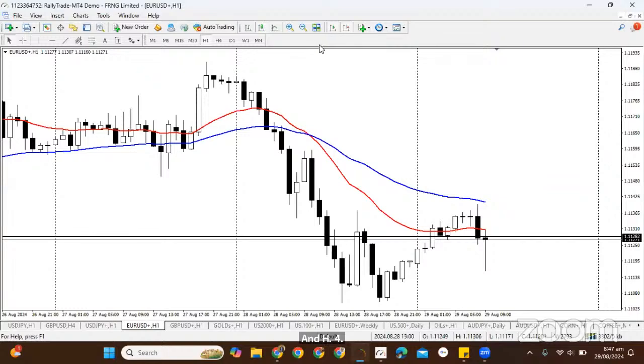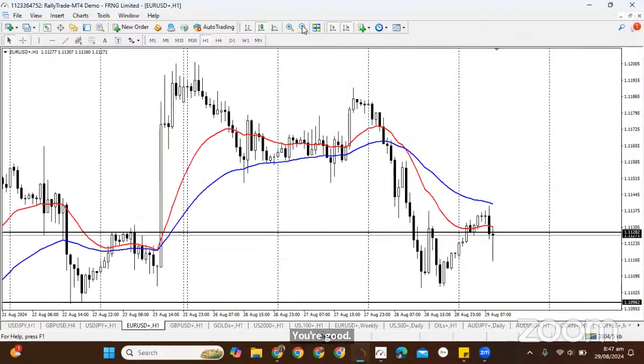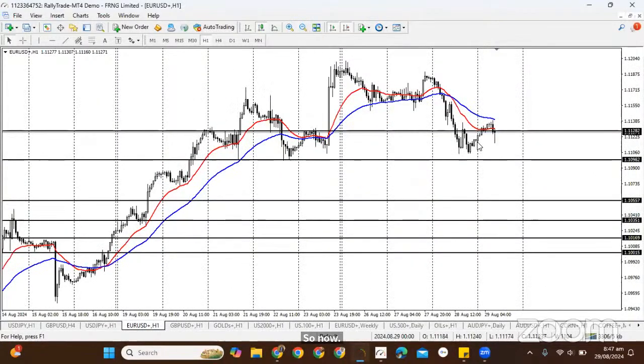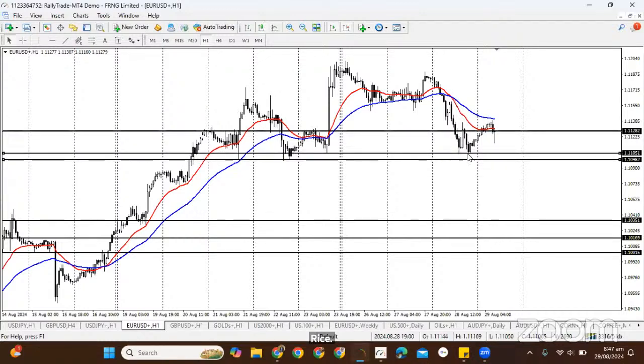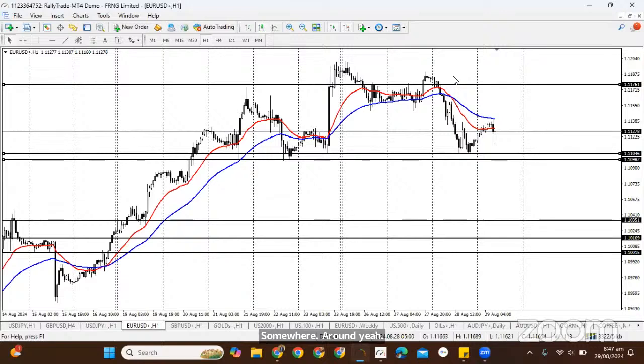Okay, good. So now, in respect to the current market price, if I am to set any pending order, then I'm looking out for anything below this point. You see the lowest point for yesterday is somewhere around there, and the highest point for yesterday.